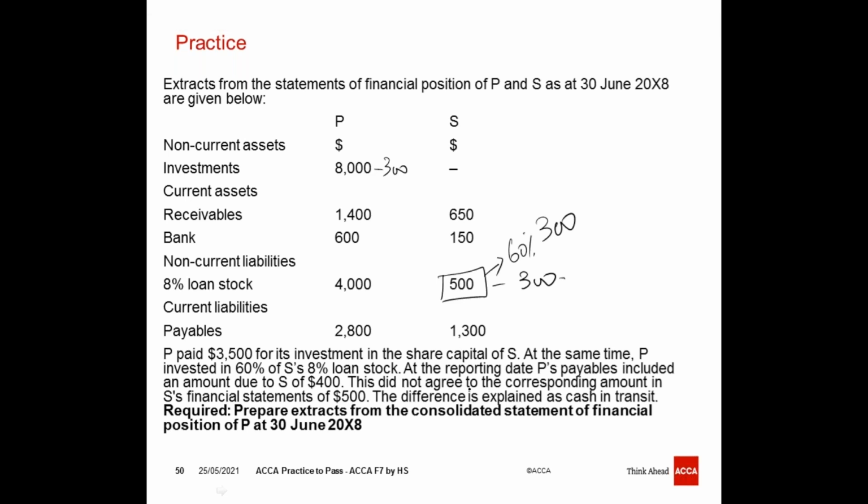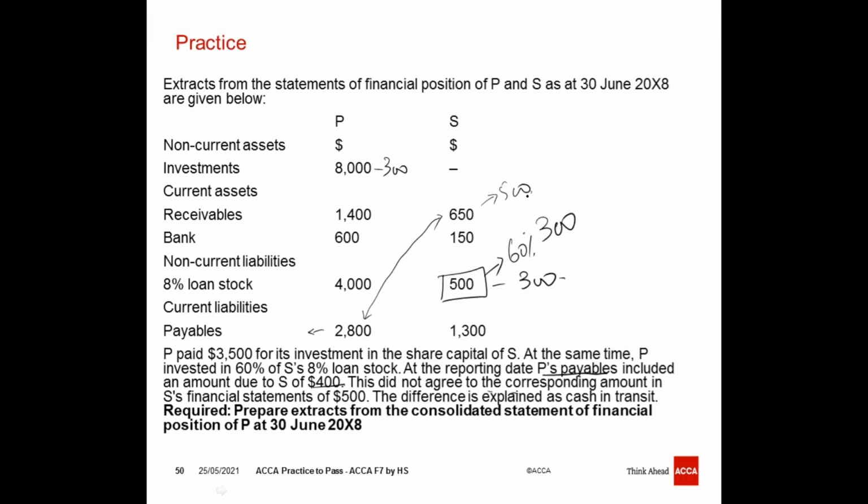Then it says at the reporting date, the parent's payable included an amount due of 400. The parent company's liability includes an amount of 400. This did not agree with the corresponding receivable. This 400 is not reconciled with the receivable figure of the subsidiary company, because the subsidiary company's financial statements show an amount of 500 in the books as receivable from the parent.